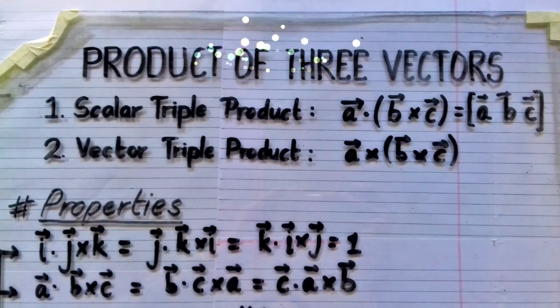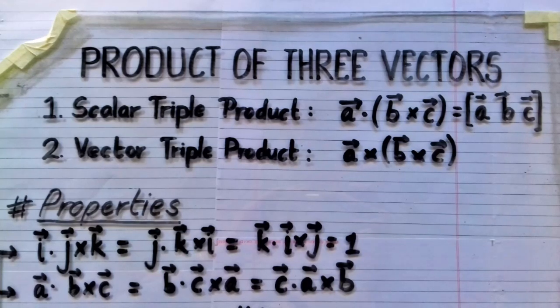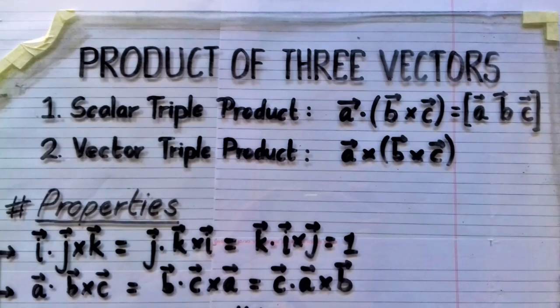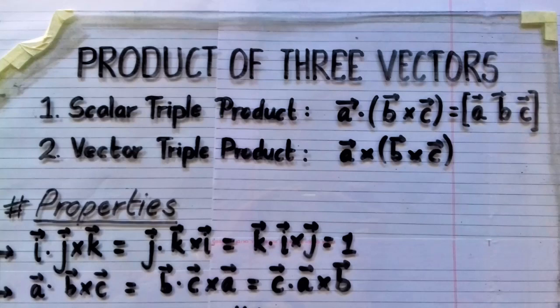Product of three vectors. And friends, this can be done in two ways: scalar triple product and vector triple product. In scalar triple product, we multiply a vector scalarly to the cross product of the other two vectors, or it is a dot product of one vector with the cross product of the other two vectors.